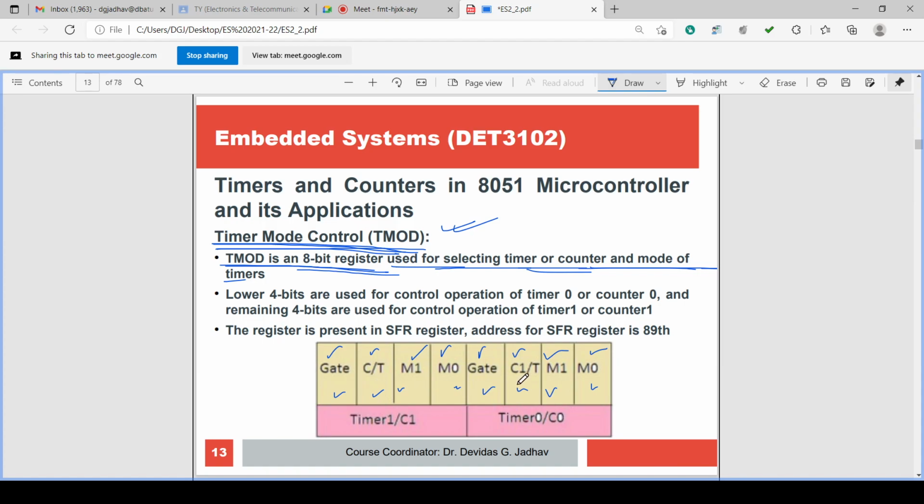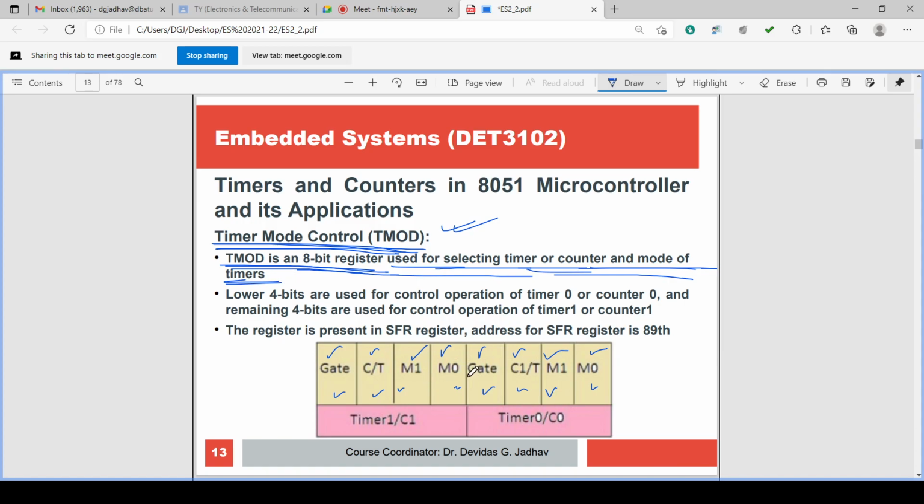M1 and M0 decide the mode. TMOD is used for selecting timer or counter and the mode of timers.